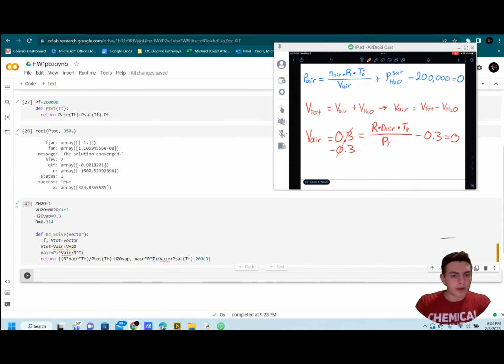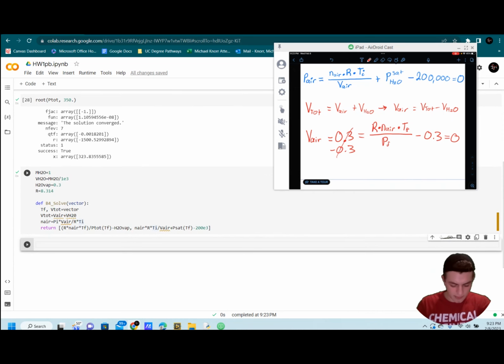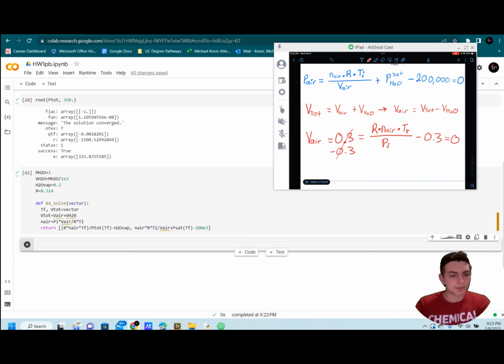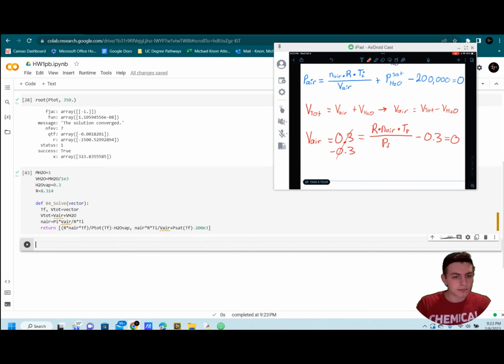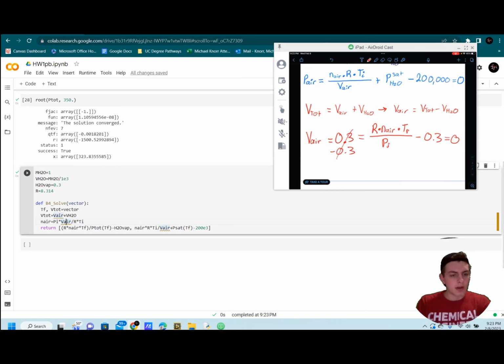If I were to run that, it looks like it works. However, our volume of air has not been defined.